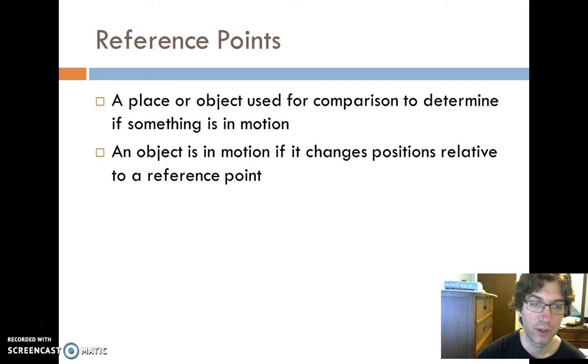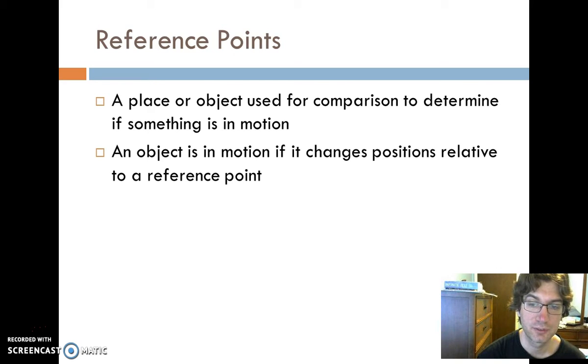And as a rule of thumb, most people, in most contexts, tend to choose objects that people think of as stationary, such as trees. Trees, you think of stationary. Signs, you think of stationary. And other objects, such as animals like us that move around, are not. So example again, if I pick a tree as a reference point and I'm walking towards this tree, then I am in motion.